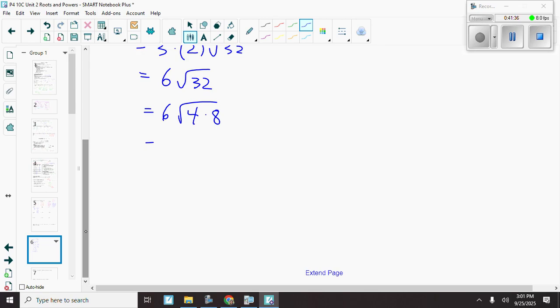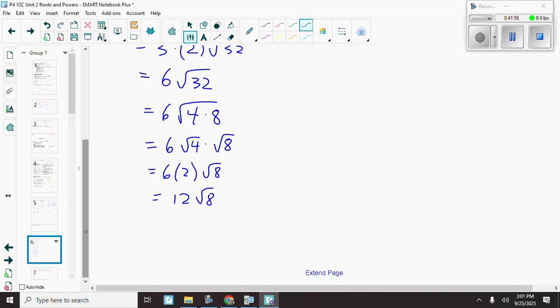So in that case, you go 6 and then the square root of 4 times the square root of 8. 6 times 2, square root of 8. So now I'm at 12 square root of 8. And then I'm like, oh no, 8 can be divisible by 4, which is a perfect square.